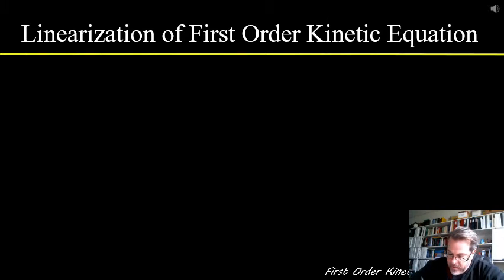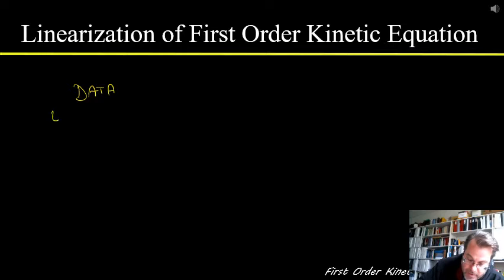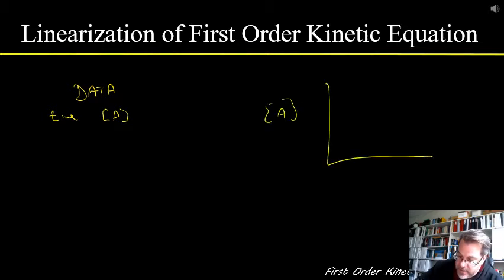So let's look at how we can get a straight line graph out of the data that we had for the first order kinetics. You recall before we had a data table with time and concentration, and we plot concentration as a function of time, and we get that kind of curved exponential graph.